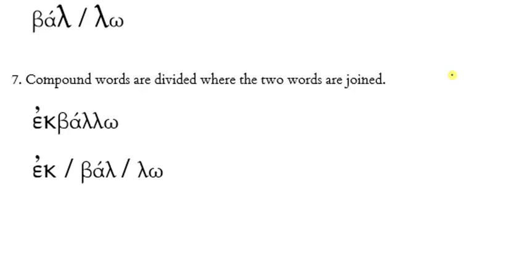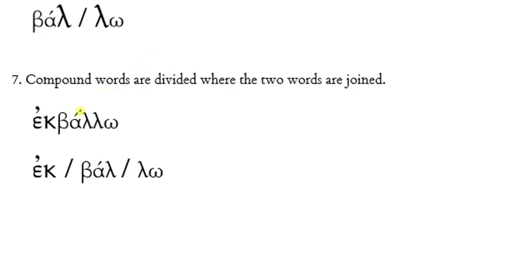In English, we could say, oh, my child's active. And another parent could say, yeah, but my child's hyperactive. What have I done? I've compounded the prefix hyper with active. When I compound words, I can always break the word up into the two constituent parts. So where the two words are joined in a compound word, you break them.